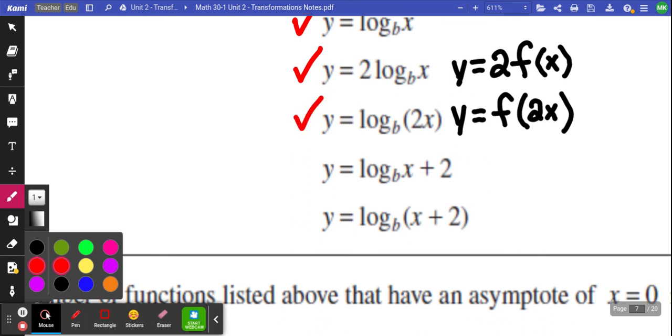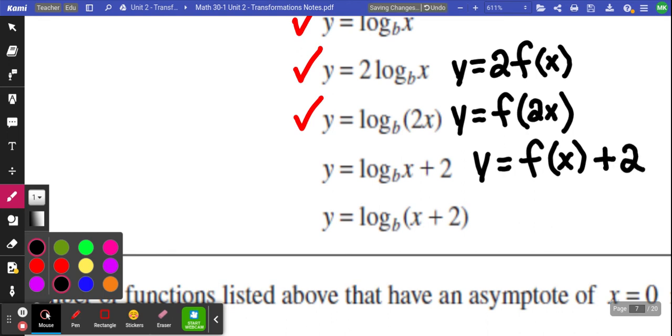Fourth one. They took the function, log b of x, then they added 2 outside of the function. They have done this. Y equals f of x, and then they added 2 to the end of it. What would that plus 2 be?